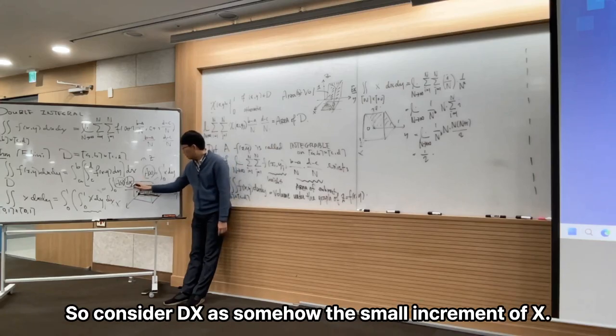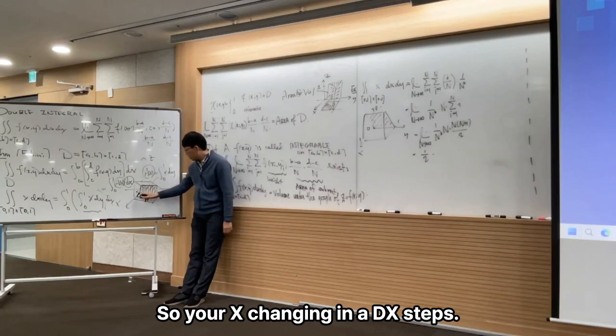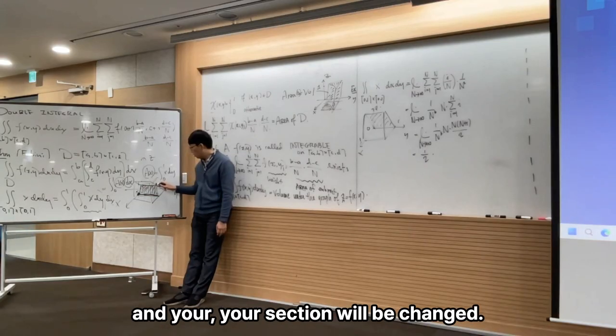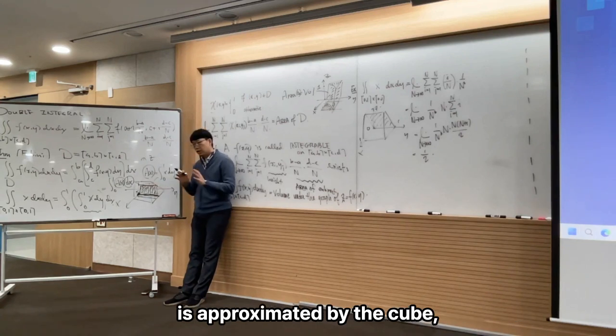So consider dx as the small increment of x. So your x is changing in dx steps. When x is changed by dx, you get a different place, and your section will be changed. But approximately the volume between these two sections is approximated by a cube.